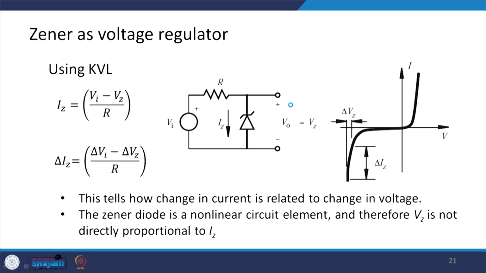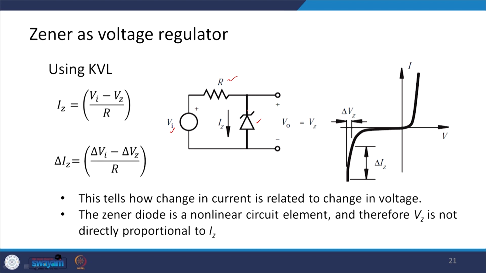So, if we see the Zener as a voltage regulator, say I have a circuit with a voltage Vi, there is a resistor R and here is a Zener diode, and I am interested in using this Zener diode as a voltage regulator, that is, one which gives me a constant voltage.